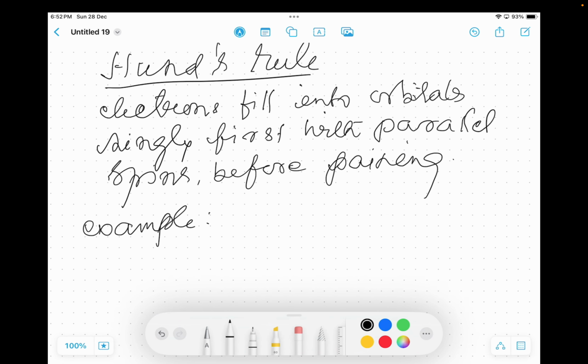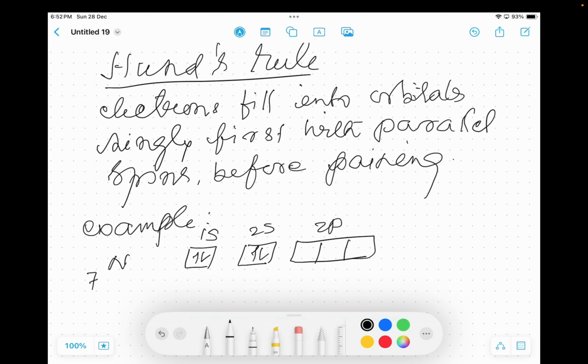Suppose we have to write the electronic configuration of nitrogen once again in box diagram method. So 1s, 2s and 2p. As we know, the 2p subcell has 3 orbitals. These 3 orbitals can be written in various ways.